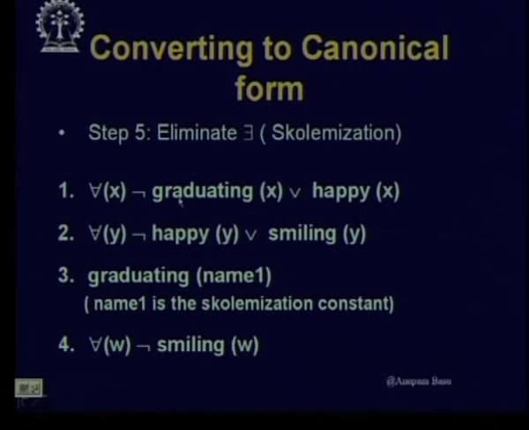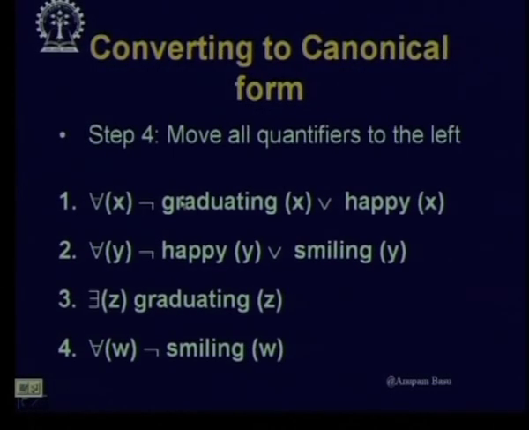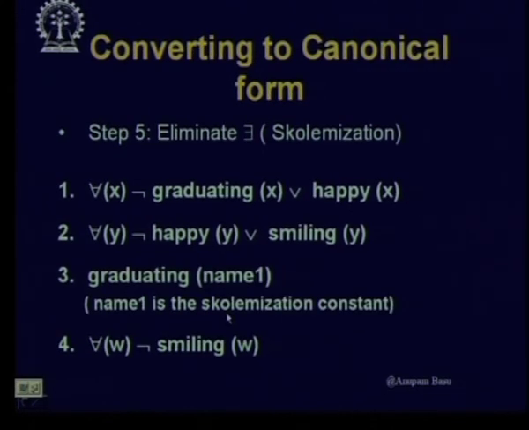So, for example, here there were no existential quantification at all in these two; let us go to the earlier one. The only existential quantification in this case that we had was this. That was the only existential quantification. So, what do we do here? It was there exists z such that graduating z.